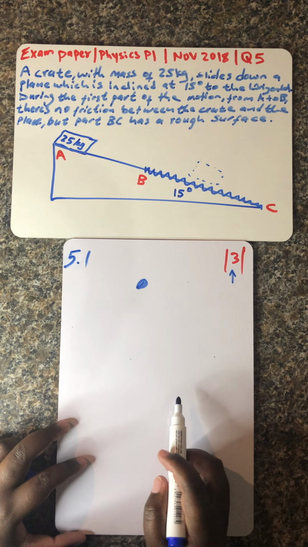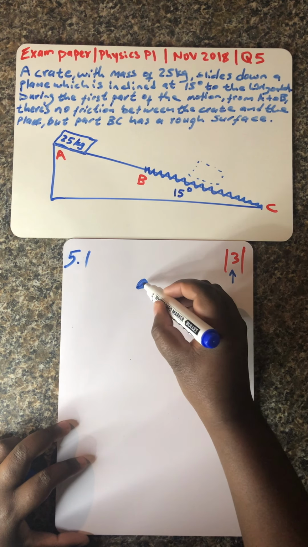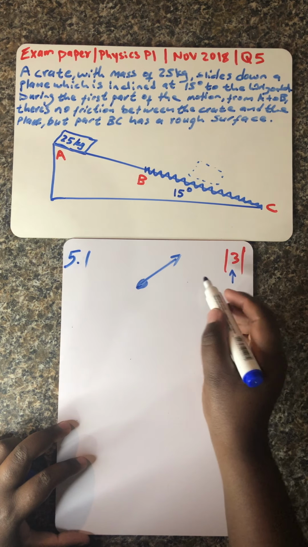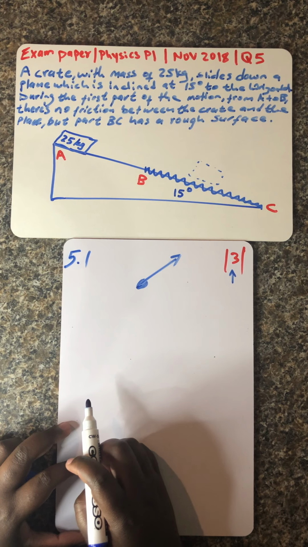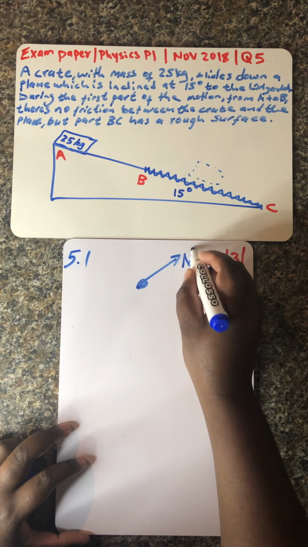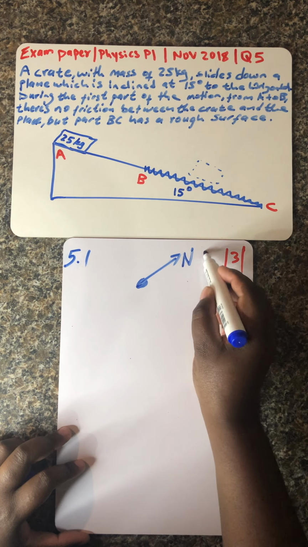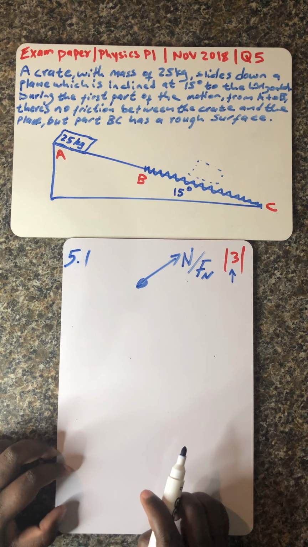You start with that dot, and then from there you've got what we call a normal force. Remember, you must also show that arrow. It could be a different story if you don't show that arrow. So it's an arrow, and then you can just say N, or you can say force normal, whichever way you do it.